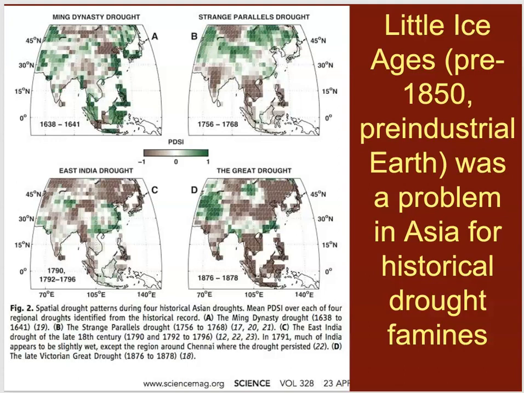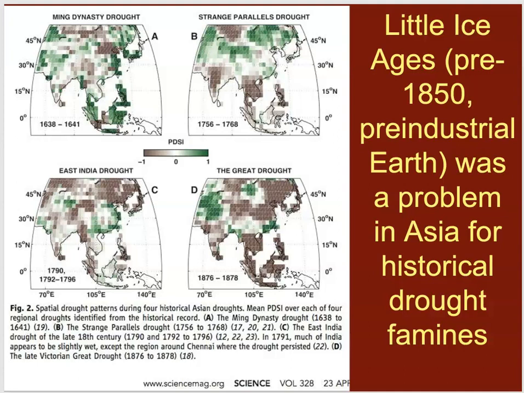And lo and behold, they found that the Ming Dynasty ended, and a lot of other political periods, the Strange Parallels drought, the East India drought. Basically, there's a connection between political instability and drought and cold periods. Cold snaps brought droughts and political instability.